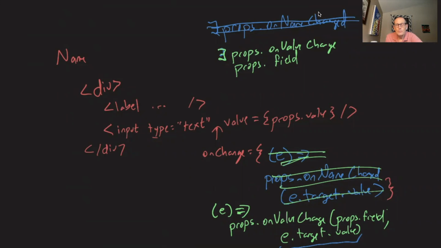If we look, for example, at a checkbox, the value of the checkbox is actually in something called checked. So you need slightly different syntax if you're using a checkbox as opposed to a text box or any other input type.